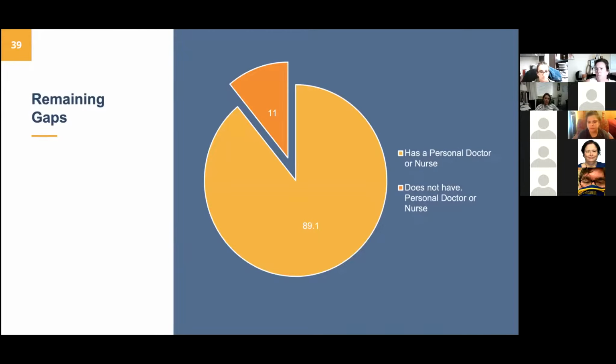Okay, we know that medical access still, even though we're doing a lot and increasing, doing our best, we know that the majority does not have a personal doctor or nurse, or at least reports as such by national surveys. So why is that? That might be a personal preference.